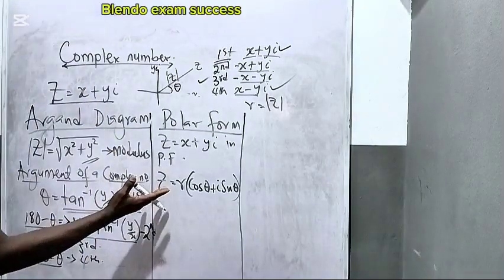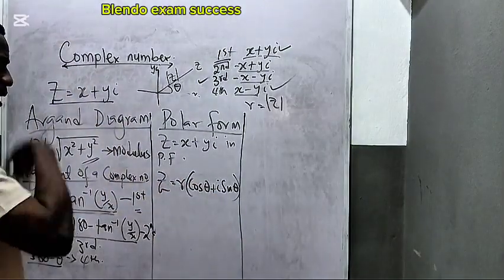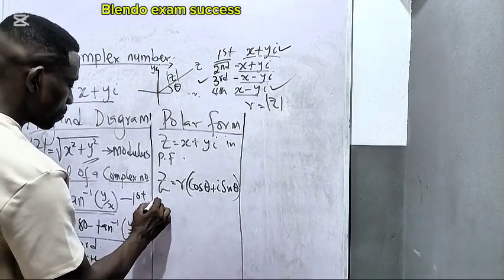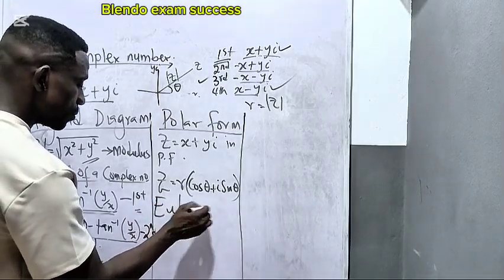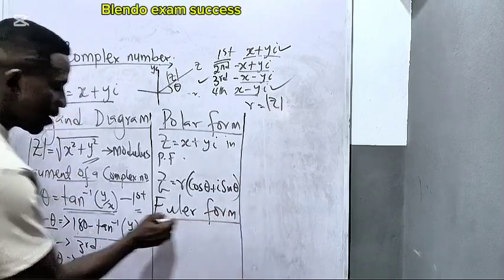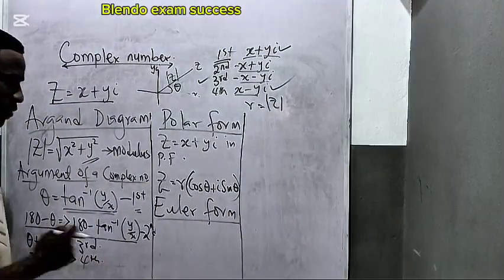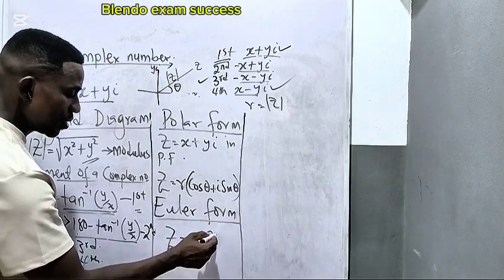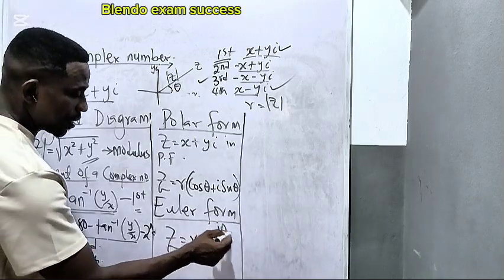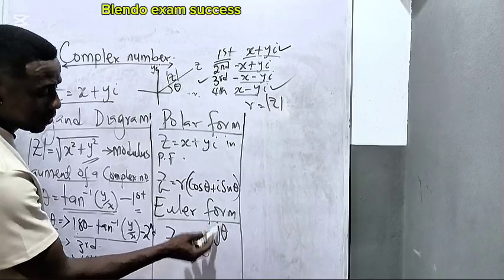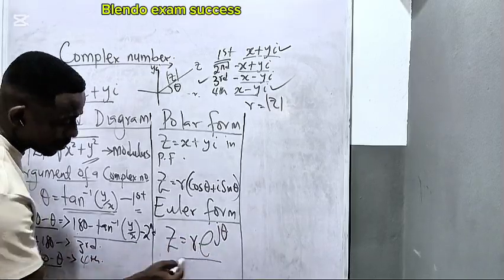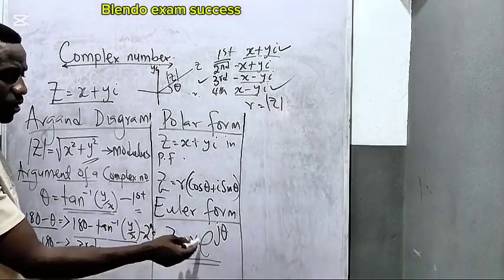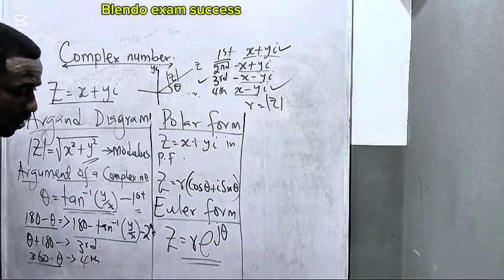So now this is a simple expression of polar form. And now we have another expression, we call it Euler form. Another expression for Euler form is z is equal to r e raised to power j theta, you can call it i or j. But this is the expression for Euler form.